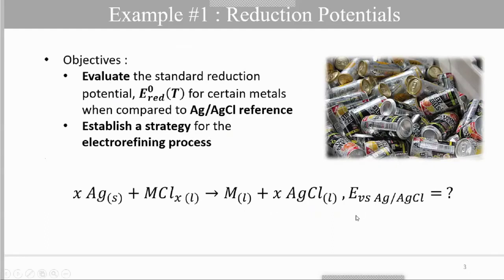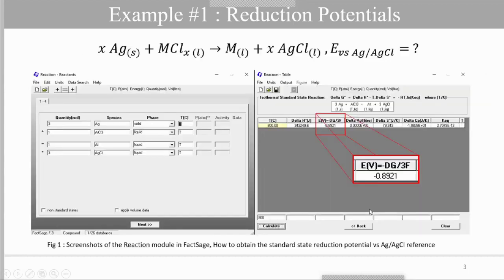And what we want to know basically is what is the potential for this reaction. So, as I said, this is the reaction that we're going to go with. This example treats aluminum specifically, but it's the same thing that we're going to do if we want to do magnesium, manganese, or any other elements.